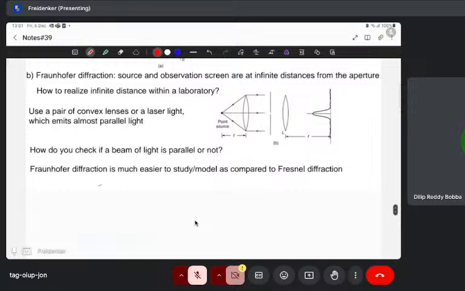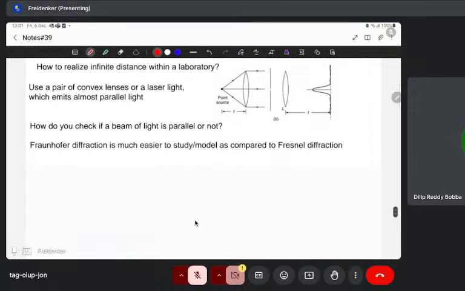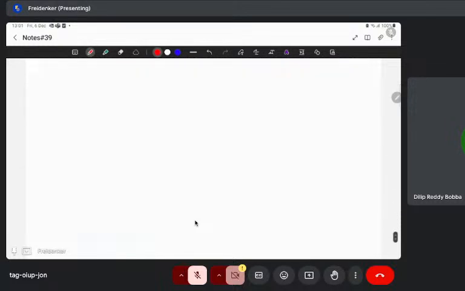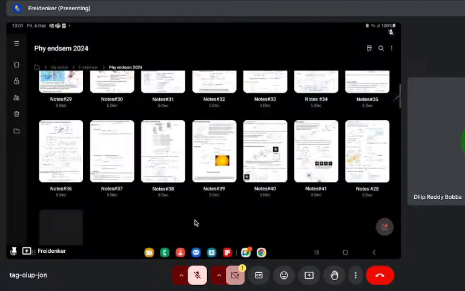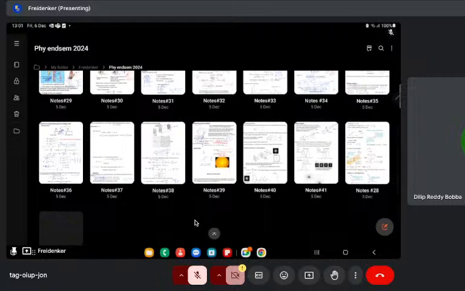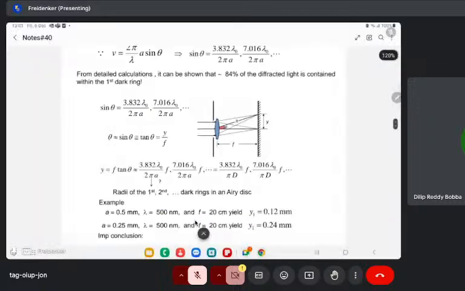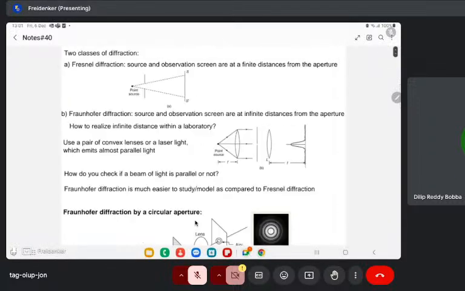This is easier to study because Fresnel depends on finite distance, and then in your calculations you'll have to use the distance. It seems like it's one. It is one. Yes, it is one.